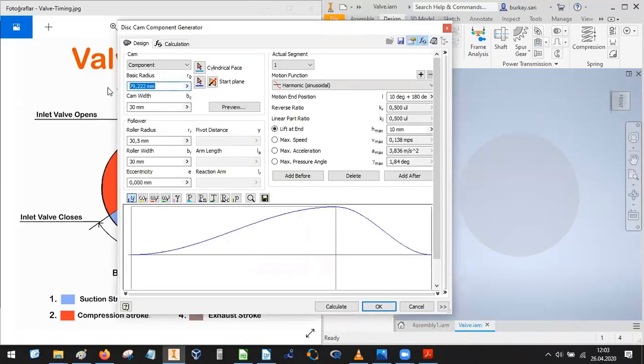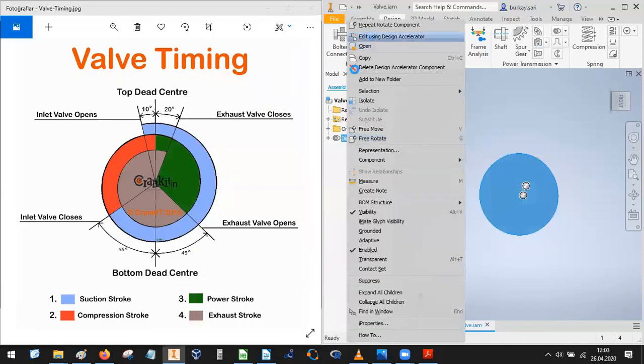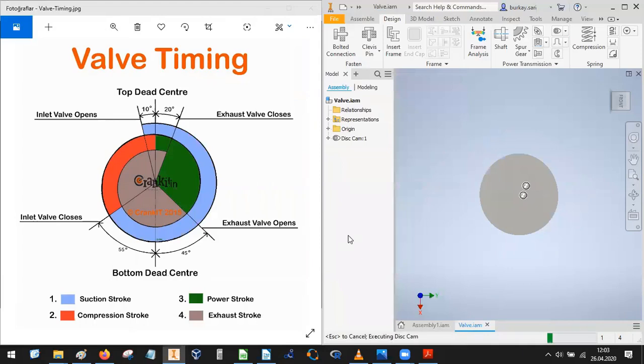Let's say our basic radius is a little bit smaller this time, let's say 50, and the roller radius is 10 millimeter. Let's change the shape a little bit also. You can make a smaller type like this.